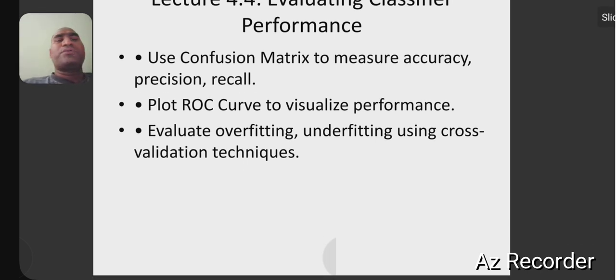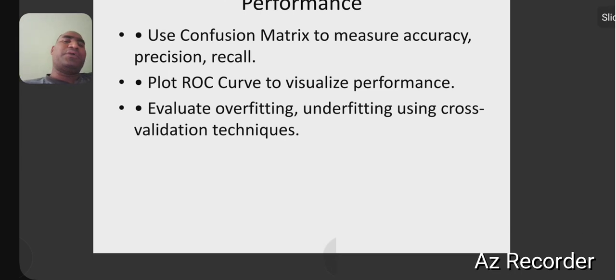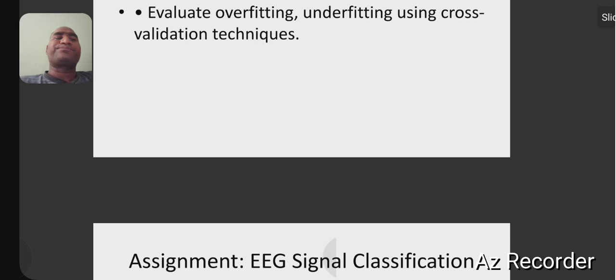You can also plot the ROC curve to visualize the performance of the classifier, and evaluate overfitting and underfitting using cross-validation techniques. Overfitting and underfitting tell whether the classifier is capable of handling the data. The classifier output should be optimized so that it is neither overfitting nor underfitting.